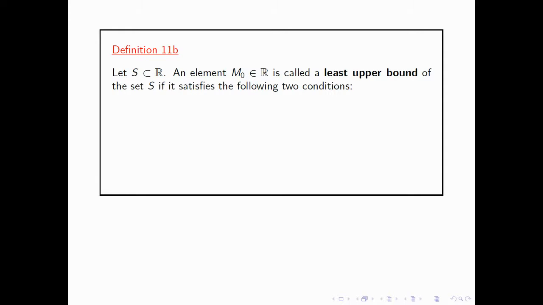Let S be a subset of R. An element M0, a real number, is called a least upper bound of the set S if it satisfies two conditions.